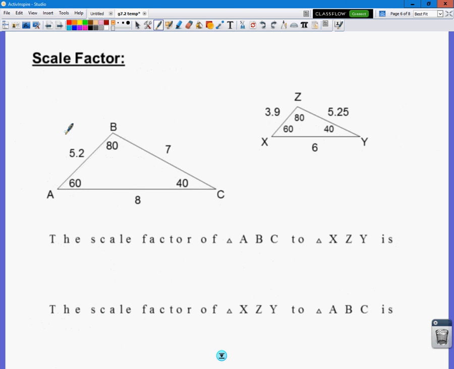When you're talking about a scale factor in similar polygons, scale factor is the ratio of corresponding measurements.